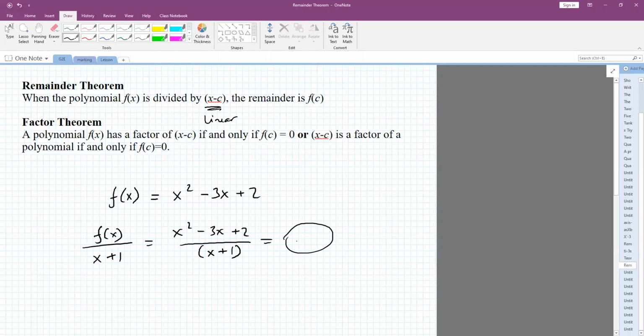So in this case, if you have a quadratic and you divide by linear, you will have a linear term here. Now, you will have a remainder.